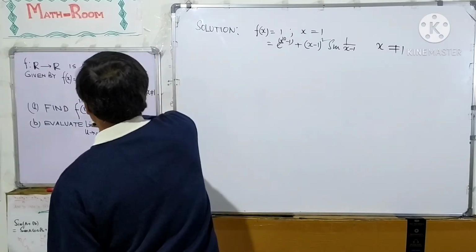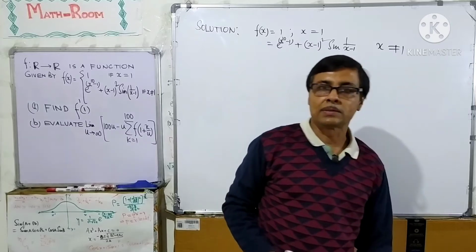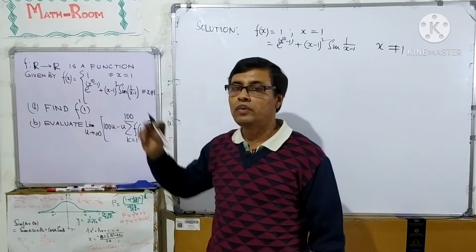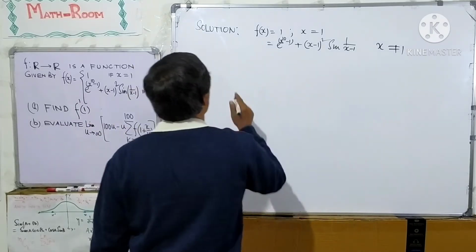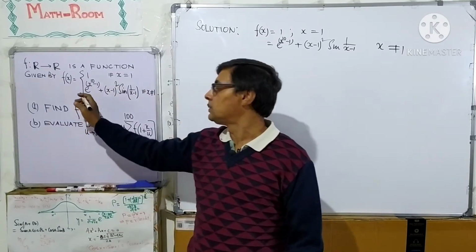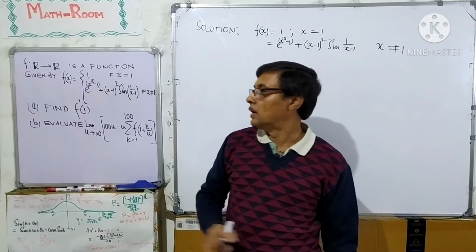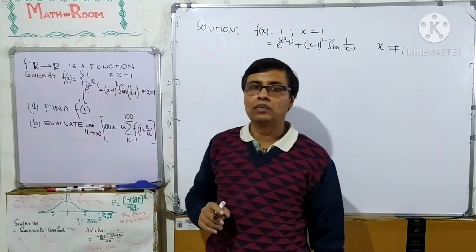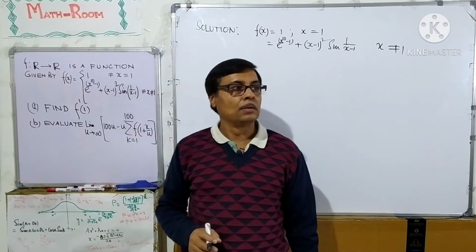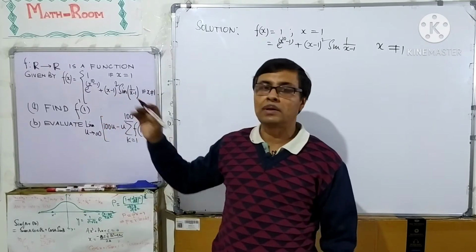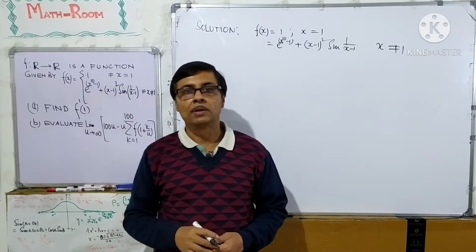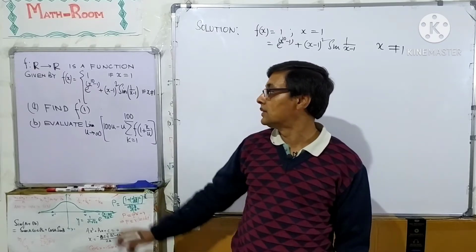Now at first we find the derivative of the function f(x) at x = 1, that is, we have to find the value of f'(1). f'(1) means the value of the derivative of the function at x = 1. To evaluate this value, at first we have to check the existence of the derivative at x = 1.